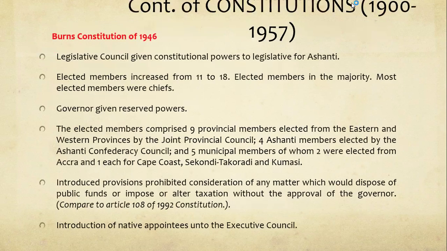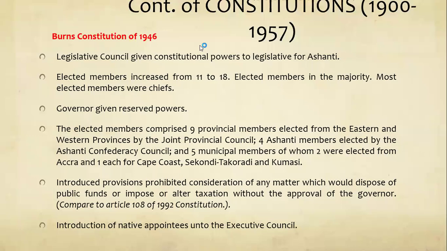So let's say a few words about the 1946 Constitution, Burns's Constitution. The Burns Constitution, again, was as a result of agitation for constitutional reform, as we have already noted.